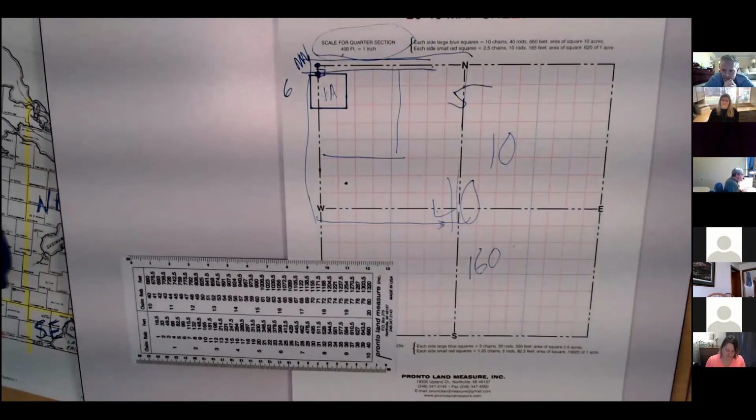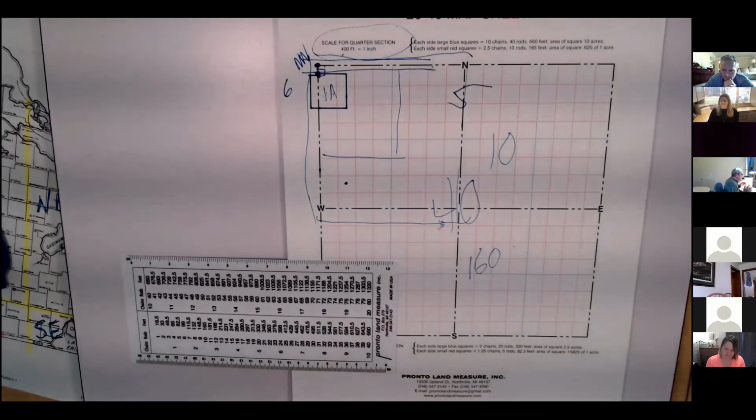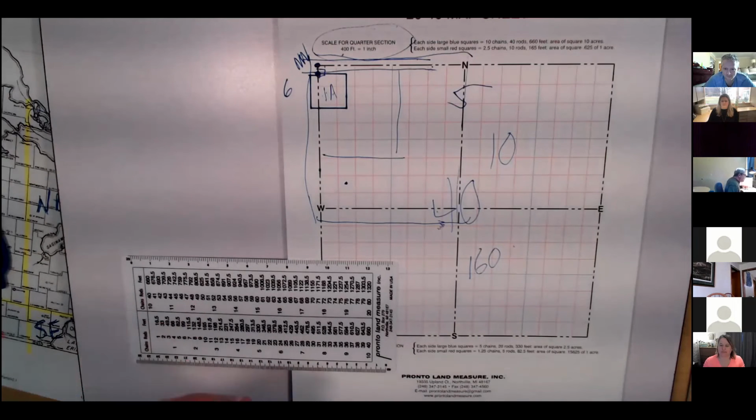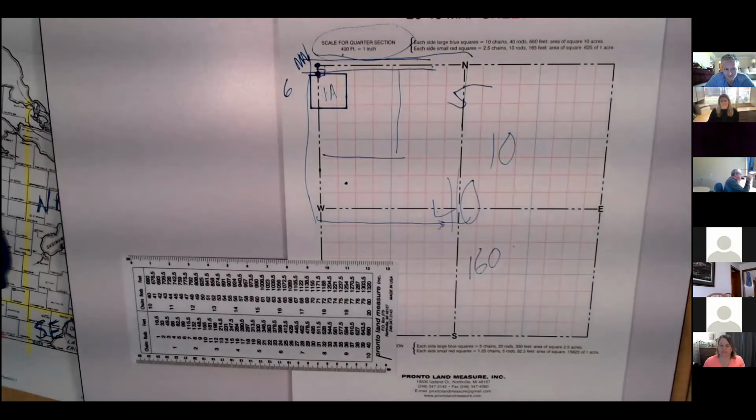You've also got to consider that there are places in Chippewa County where, and I've run into this before, I'm out looking at auction property and I end up 30 miles in the wrong place, and the treasurer calls me that the sign's in the wrong place. You might be in town 62 north, but you've got a range 2 east and a range 2 west, and they're 30 miles apart from each other.